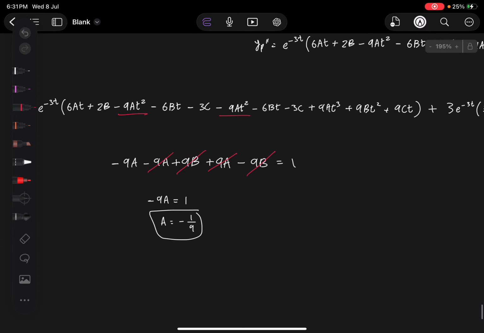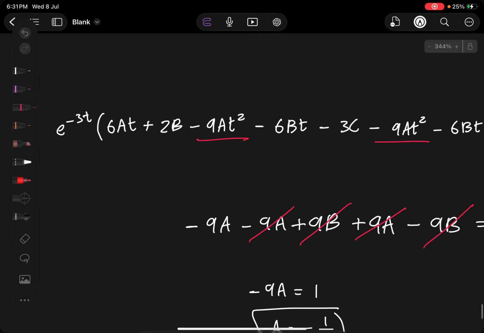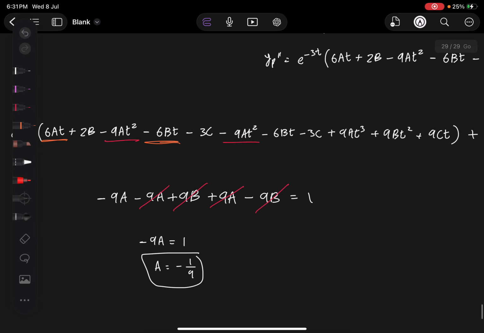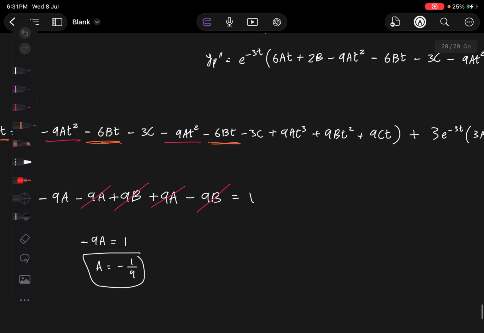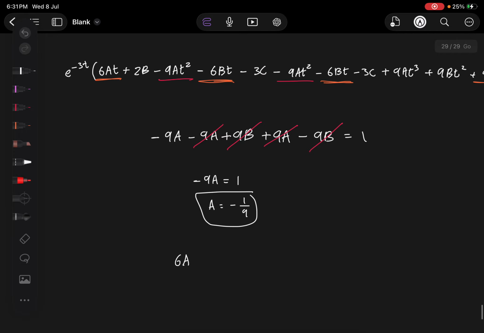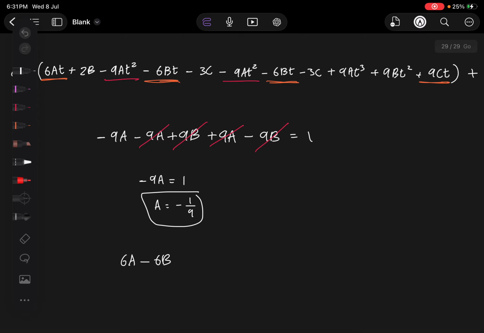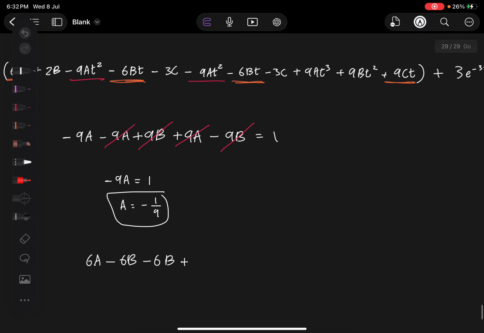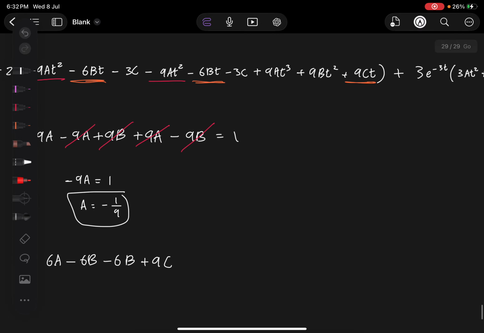So you continue matching. Let's look for t now. So 6a minus 6b minus 6b plus 9c.